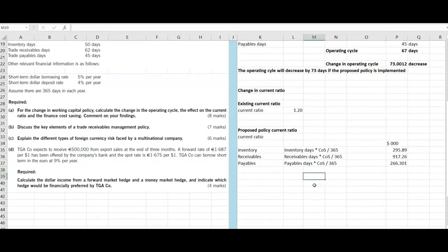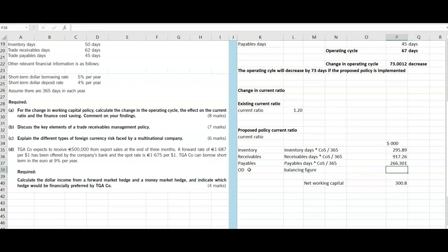So net working capital is not going to change. That number is going to remain the same at 300.8. Any difference between these numbers and this number will be the overdraft. So the overdraft number is a balancing figure.